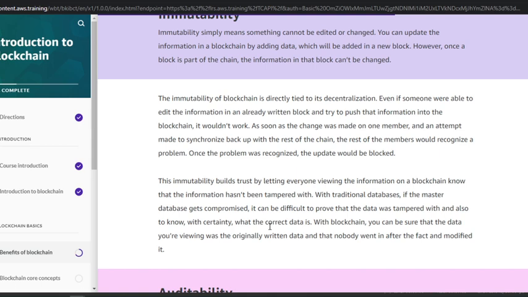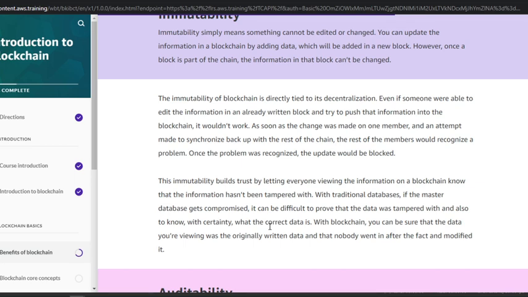As soon as the change was made on one member and an attempt was made to synchronize back up with the rest of the chain, the rest of the members would recognize a problem. Once the problem was recognized, the update would be blocked. This immutability builds trust by letting everyone viewing the information on a blockchain know that the information wasn't being tampered with.